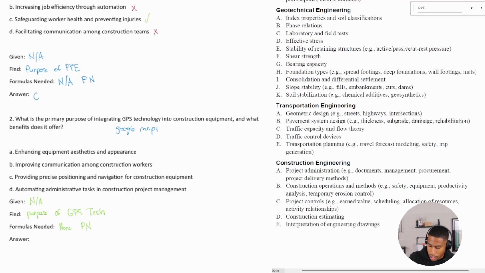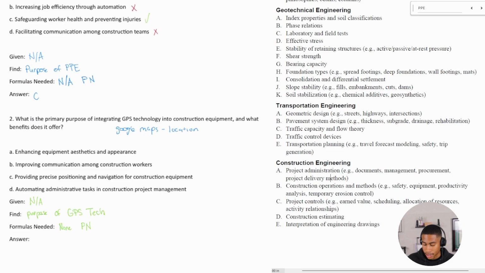If you're trying to get somewhere, it basically gives you a location. It marks that location, and then you put the address that you're trying to go to, and from the position that you're at, it gives you directions on how to get there, right? You have to take a few turns, whatever.